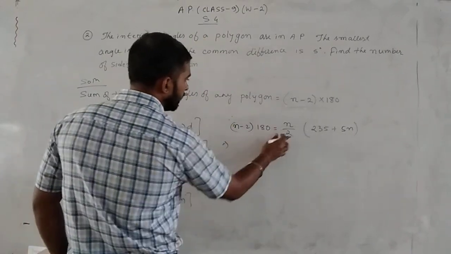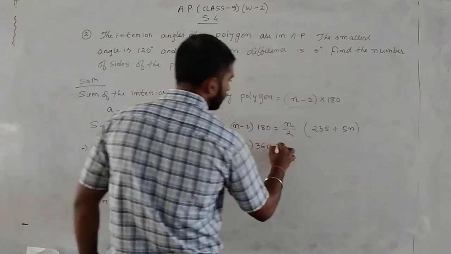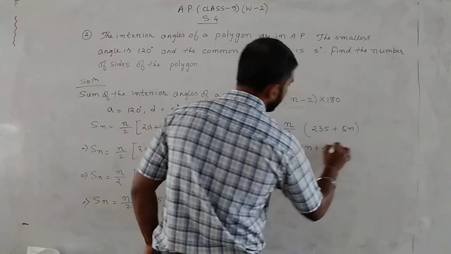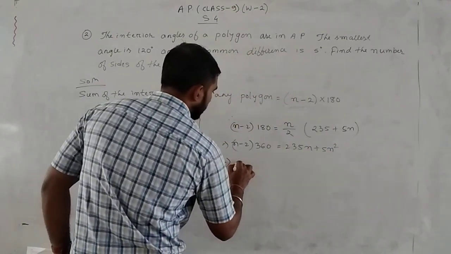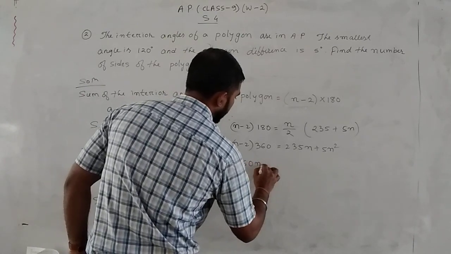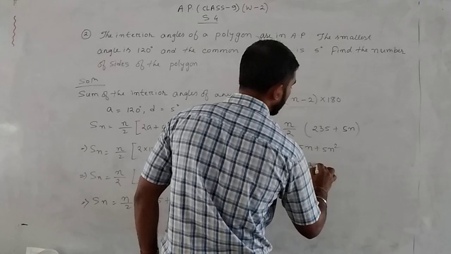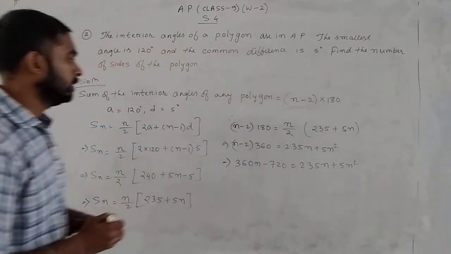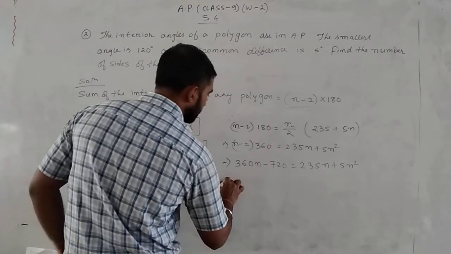Now do the cross multiply. (n minus 2) into 360 equal to 235n plus 5n square. This is 360n minus 720 equal to 235n plus 5n square.